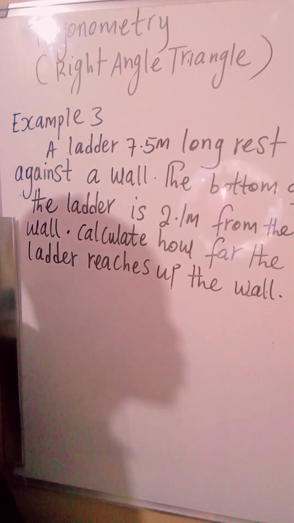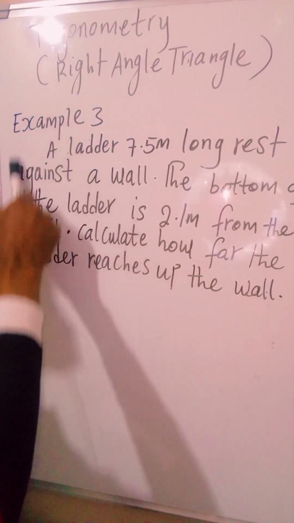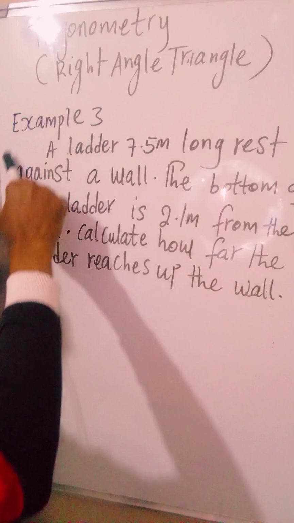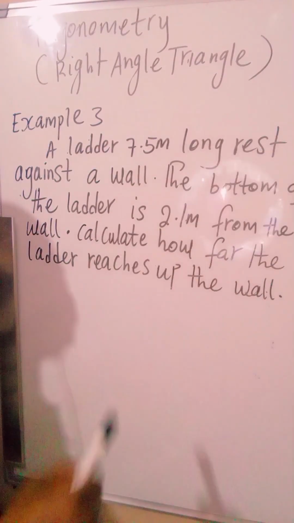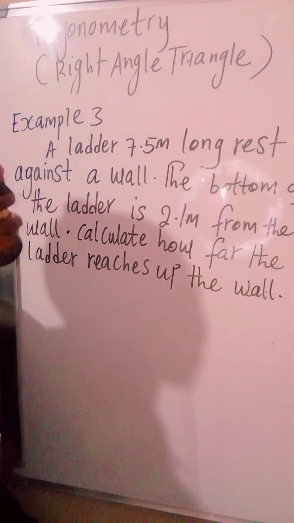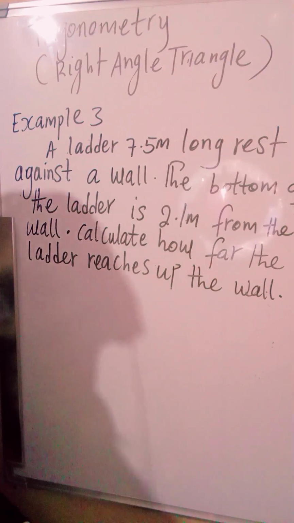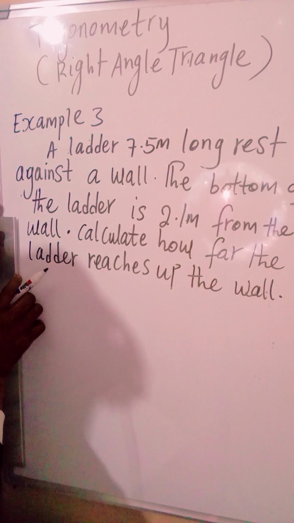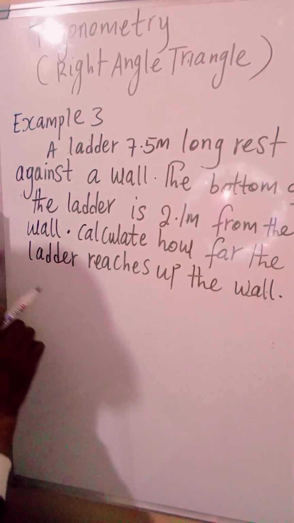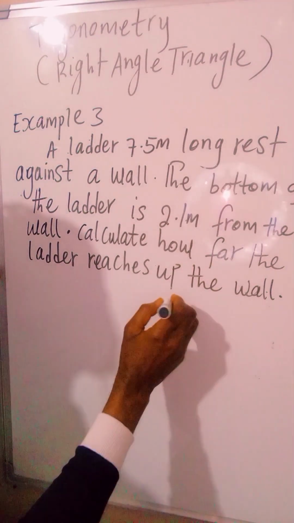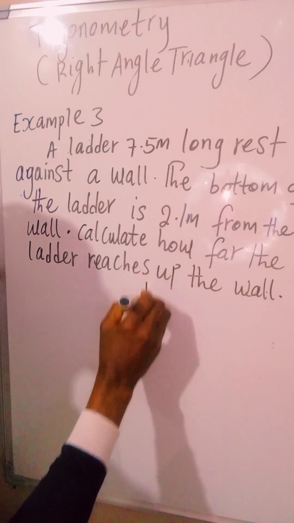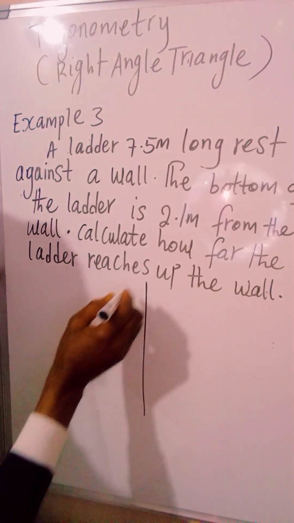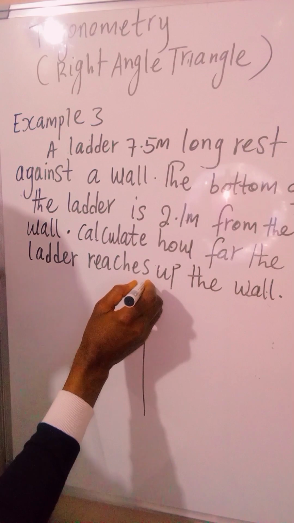So the first thing you're going to do is to translate this English expression into a mathematical diagram, or a diagrammatical form. So let's just try to picture the image of a ladder resting on the wall. Let's take this for instance, that this is the wall, and then a ladder definitely is going to rest on it this way.